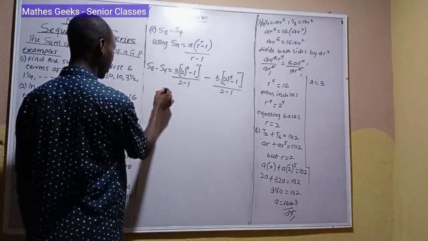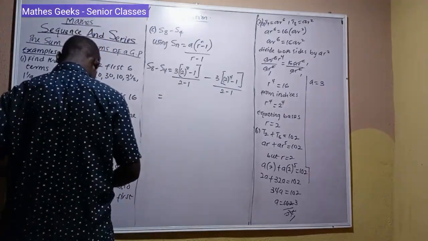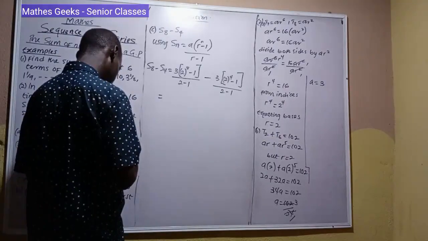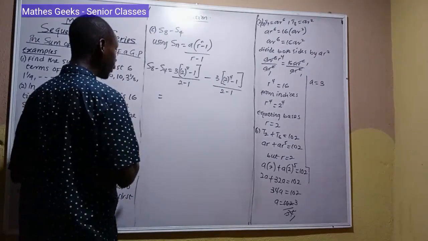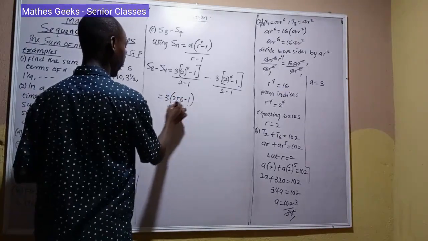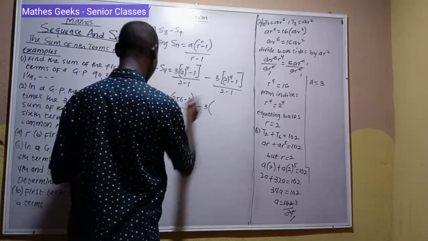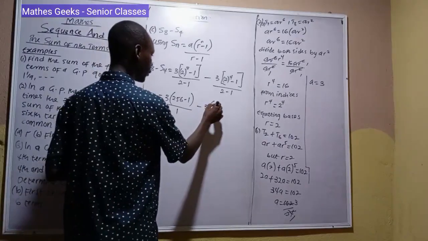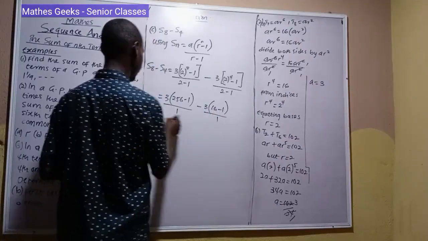So let's go. 2 raised to power 8 is 256. 256 minus 1 over 2 minus 1 is 1, times 3. 2 raised to power 4 is 16. 16 minus 1 over 1 gives 15, times 3.